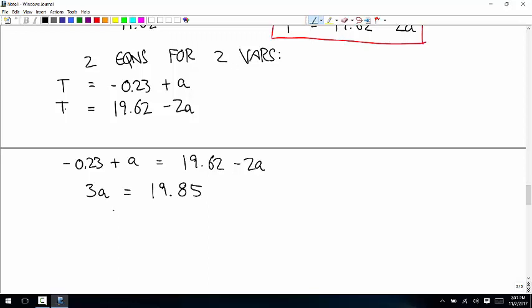And so what do you get for a? 6.63? 6.61 meters per second squared. And we're looking for the acceleration vector of the sliding block. So substitute this back into its acceleration vector, and you get that the acceleration of the 1 kilogram thing is 6.61, 0.